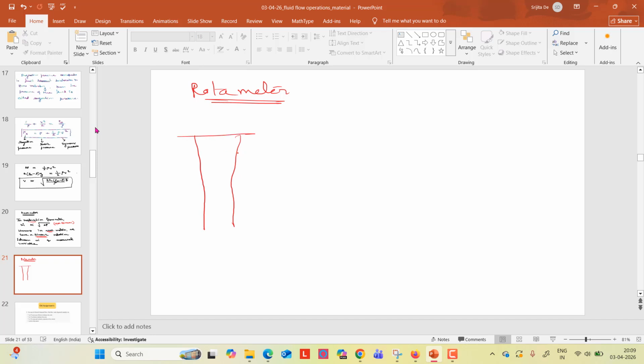An object will be there inside the flow and we have to keep it in floating mode to measure the flow parameters. Okay, it should be straight, I am not able to draw it straight.